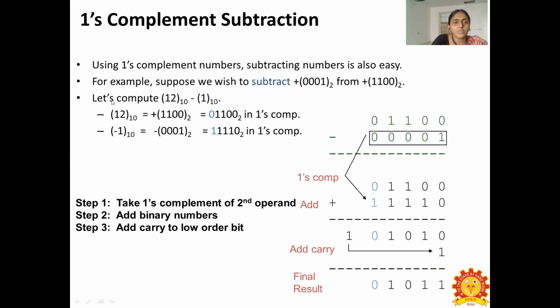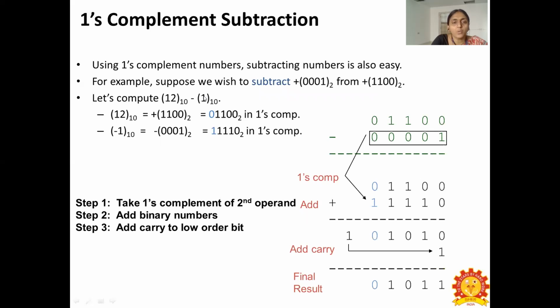And how to do 1's complement subtraction? First the decimal number 12 is represented in binary form, and in 1's complement we have to take the 1's complement of the second operand. Here we are going to subtract 12 minus 1, so 1 is the second operand.